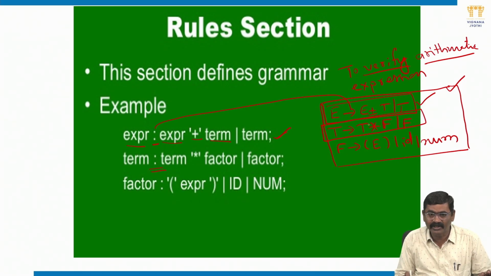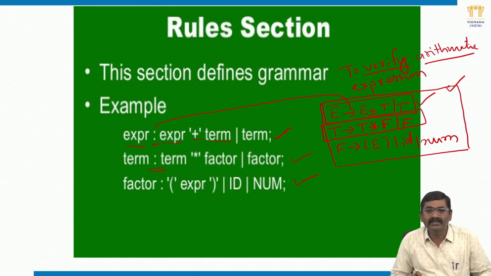Star is a token, so whenever a token happens, we should use single quotes, followed by factor, and the or symbol, factor and semicolon. Whenever we use a semicolon, it means that production has ended. Similarly, the last production can be written like this. This is how we can write the grammar in the rules section of the YACC program.